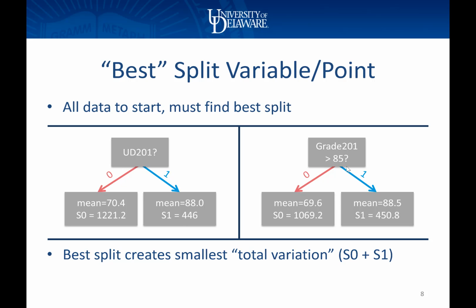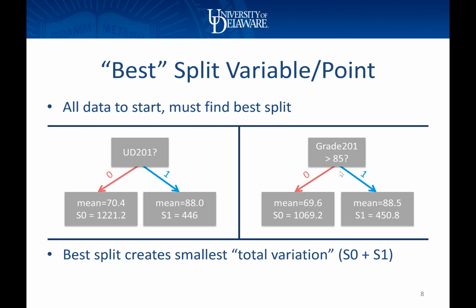If we split on the grade in 201, and specifically we're splitting at a grade of 85%, then we'll get about 1000 plus about 450. That's going to give us about 1510. So the split between the two of these that gives us the smallest amount of total variation is this grade in the 201 class being better or worse than 85% for a final grade.